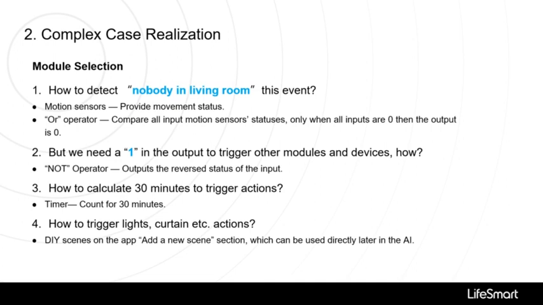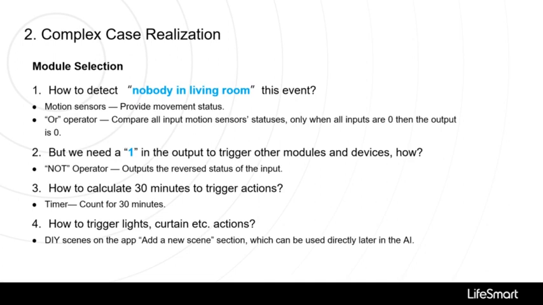Imagine that normally the living room is very large, and sometimes it may have a lot of motion sensors to cover the whole area. So we want to collect the data of these motion sensors and compare all of them, and finally we can conclude whether there is someone in the living room or not.